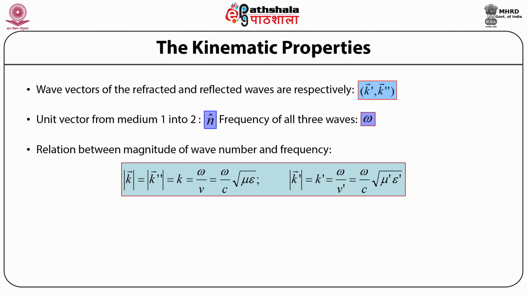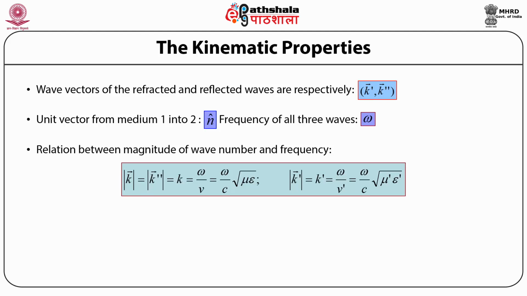Similarly, the wave number of the refracted wave is given by the modulus of the wave vector k prime, and this is equal to k prime, and this turns out to be equal to omega by v prime, where v prime is the velocity of the light in medium 2, that is above the plane z equal to 0, and omega is the angular frequency of this refracted wave.